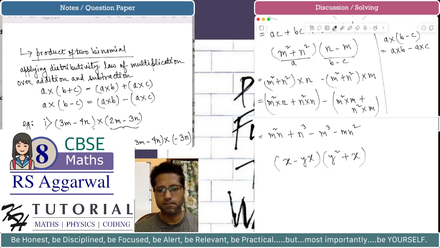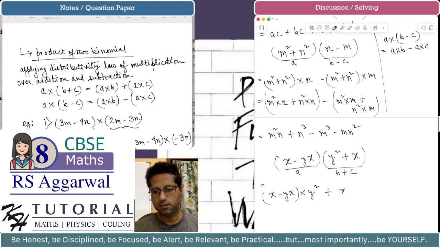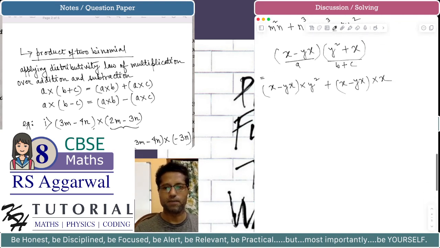So consider this as A and consider this as B plus C. So this will be (x minus yx) multiplied by B, that is y square, plus (x minus yx) multiplied by C, that is x.